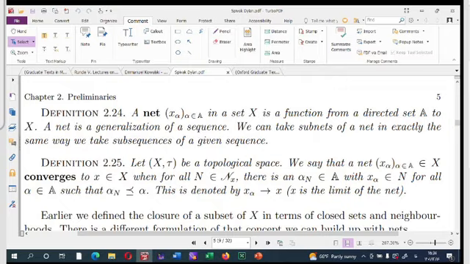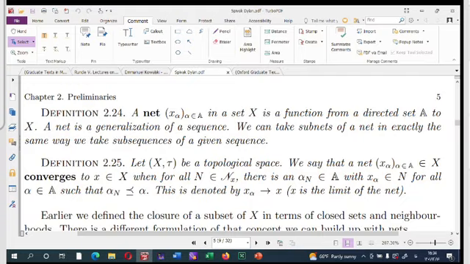We say that a net such as this in X converges to X when for all neighborhood of X there is an index such as alpha n in our directed set, such that for any alpha with this property, X alpha belong to n.